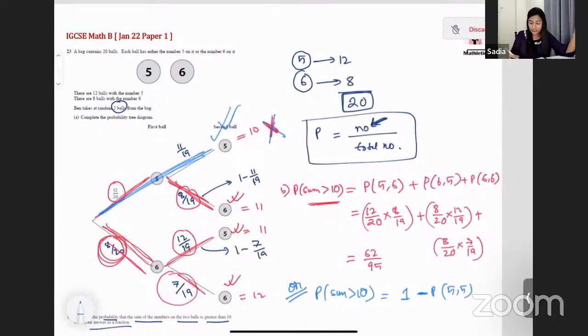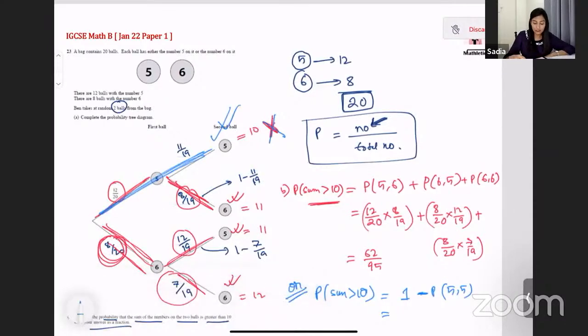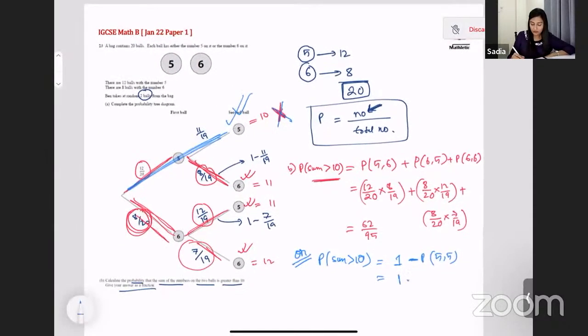We do not need this branch, right? So if you deduct 5, 5 from the total probability, obviously you are going to get the sum of the probabilities of the remaining 3 branches altogether. So this is a shortcut method: 1 minus 12 by 20 into 11 by 19. That's also going to give us 62 by 95, which is our answer.